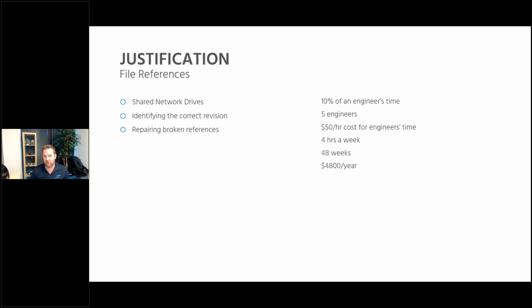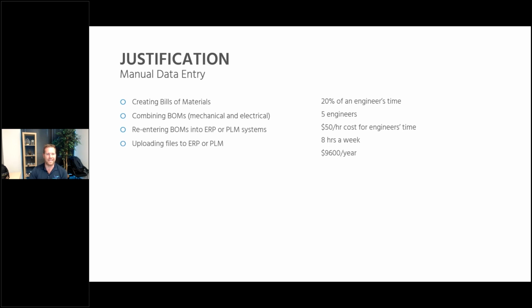So ballparking that at 10% of an engineer's time, with 5 engineers at $50 an hour, equates to 4 hours a week for 48 weeks. That's $4,800 a year.